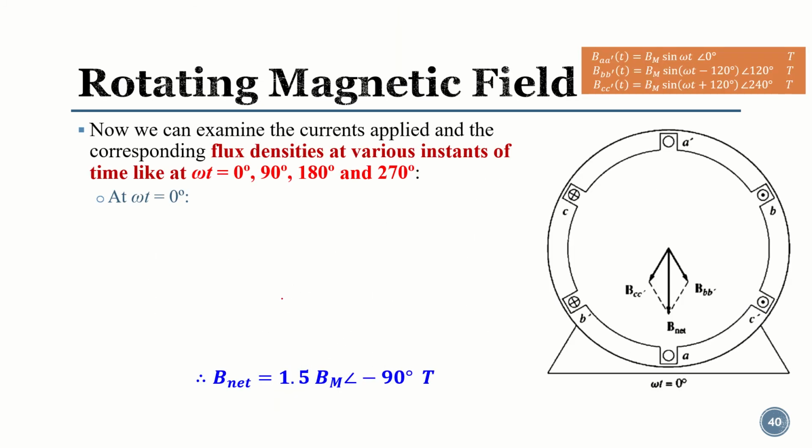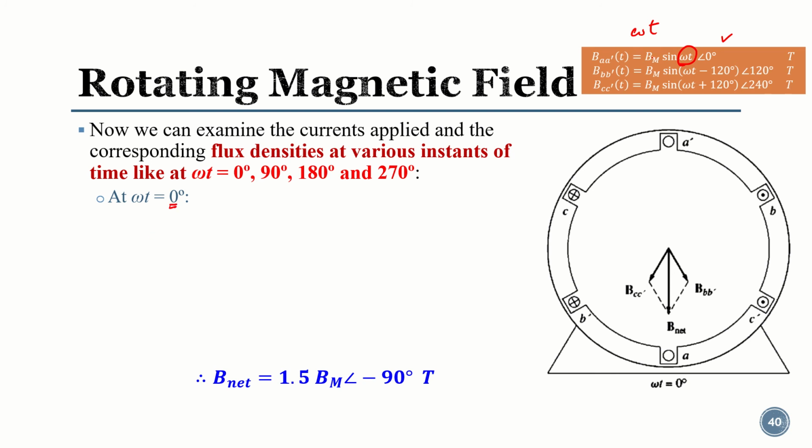For that, we are going to analyze these magnetic fields at different time intervals. This factor omega t refers to the phase, which we also refer to as angle or time. So let's say we analyze this at the angle of 0 degrees.